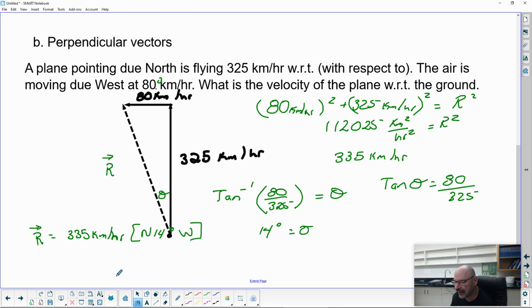Now, some people are saying you could have west, and 90 minus 14, 76 degrees north as well, if you were to draw it sideways and then up. Both of these are correct. You don't have to write both of them down, only one.